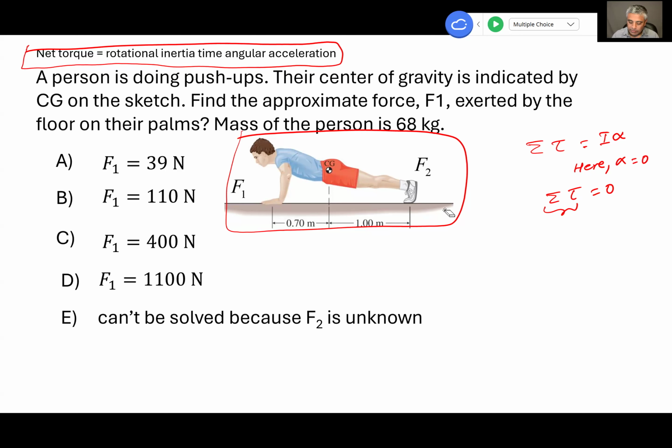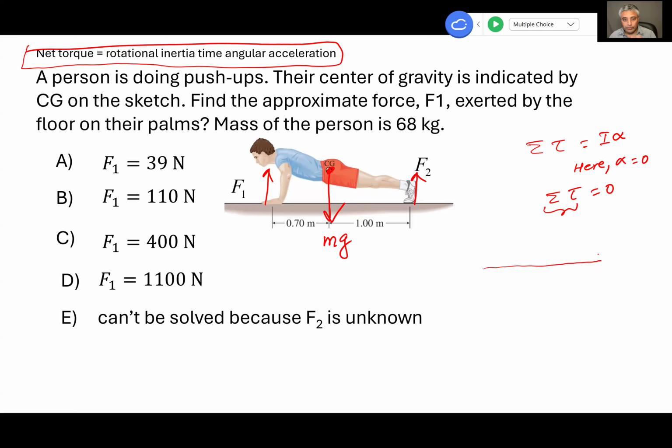So torque comes from the force. There are 3 forces acting here. One force on the feet, another force on there, and at the center of gravity, there is this mg. So we draw a free body diagram. Here, the object of interest is the plank, so we replace the plank by a straight line, okay?